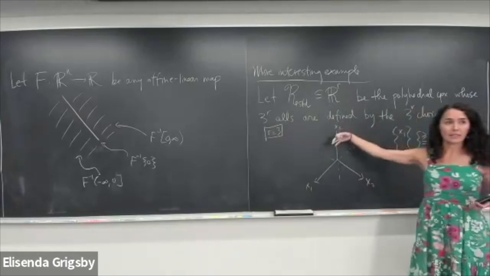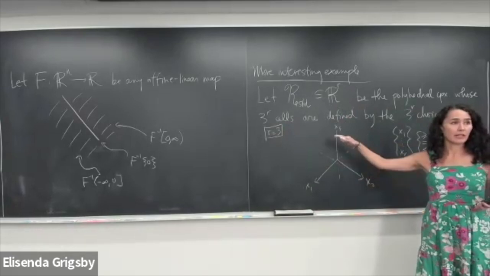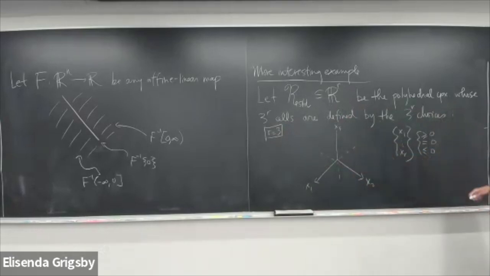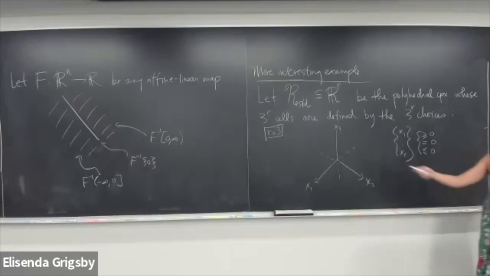So there are the 8 3-cells, which are the 8 orthants. Those correspond to those choices. And then you have the various others, I'll let you work it out.